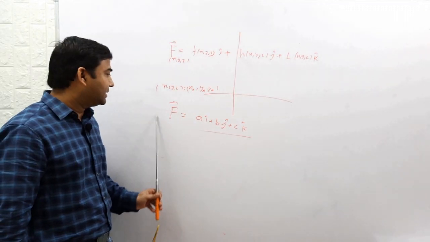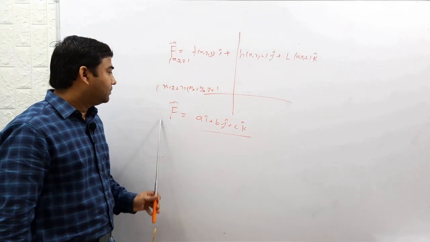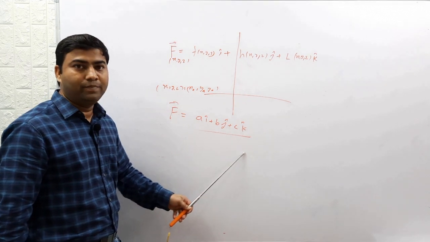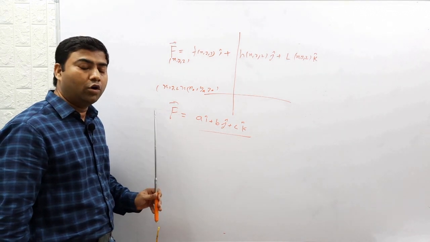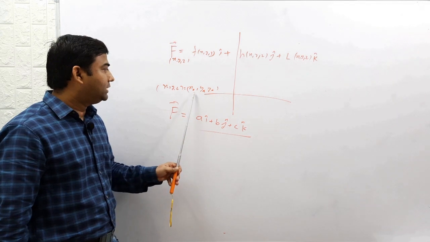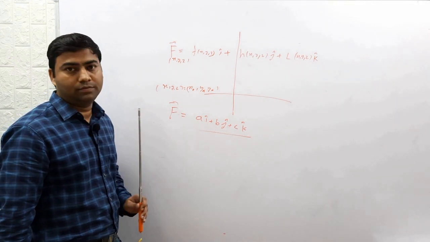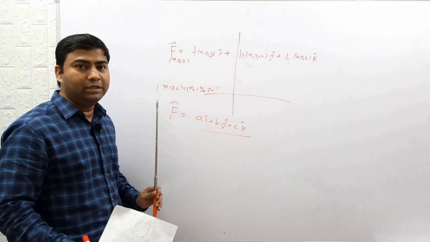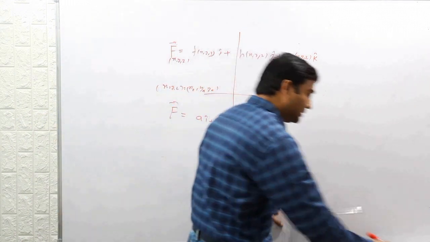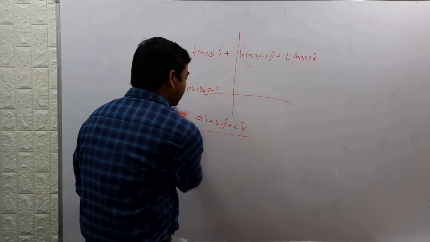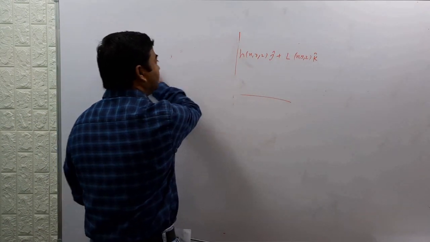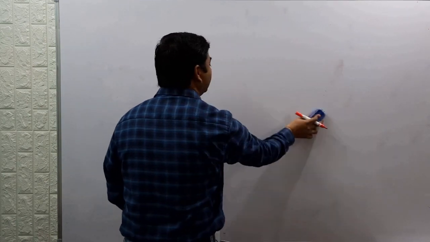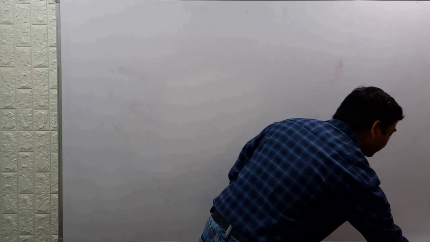And this vector is nothing but the field, the magnitude and direction of that field at point x0, y0, z0. That is the meaning of a vector field. So we will have an example to describe how vector fields are defined in space.